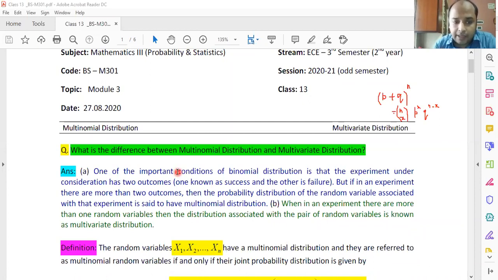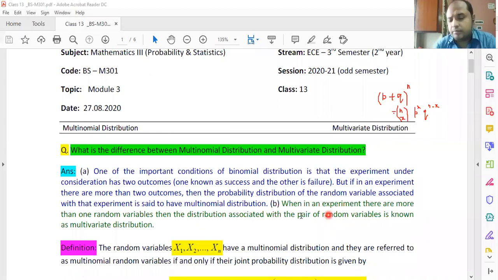Now, let us see what is written over here. One of the important conditions of binomial distribution is that the experiment under consideration has two outcomes. But if in an experiment there are more than two outcomes, the probability distribution is multinomial. When in an experiment there are more than one random variables, then the distribution associated with the pair of random variables is called multivariate distributions.